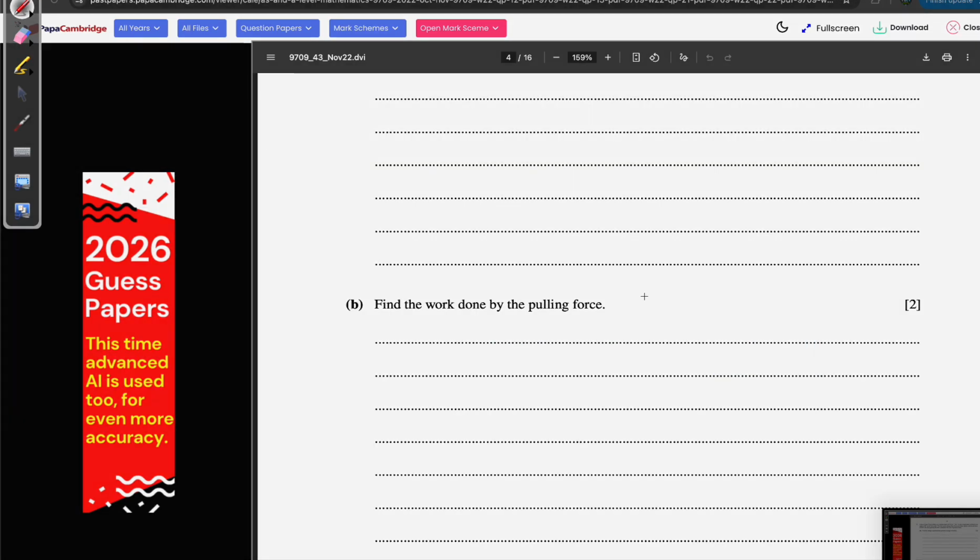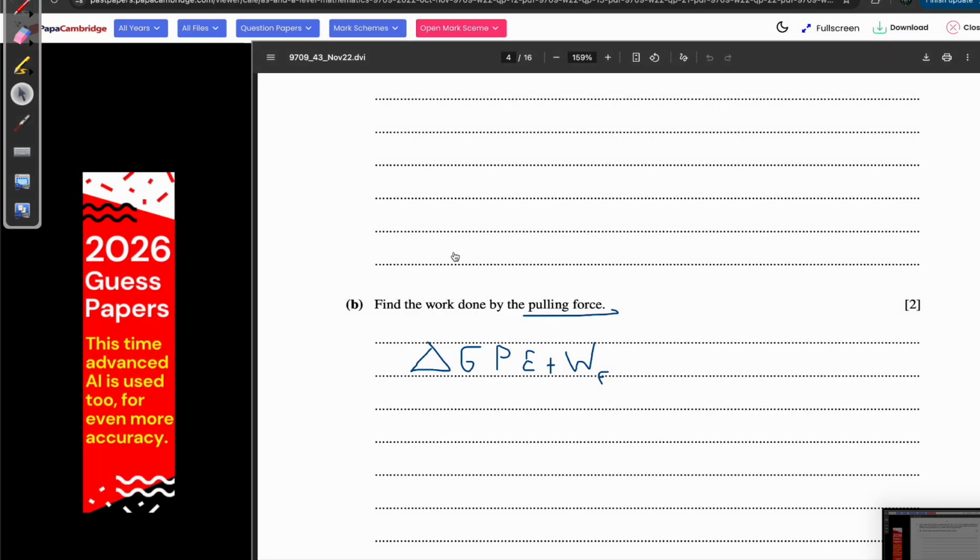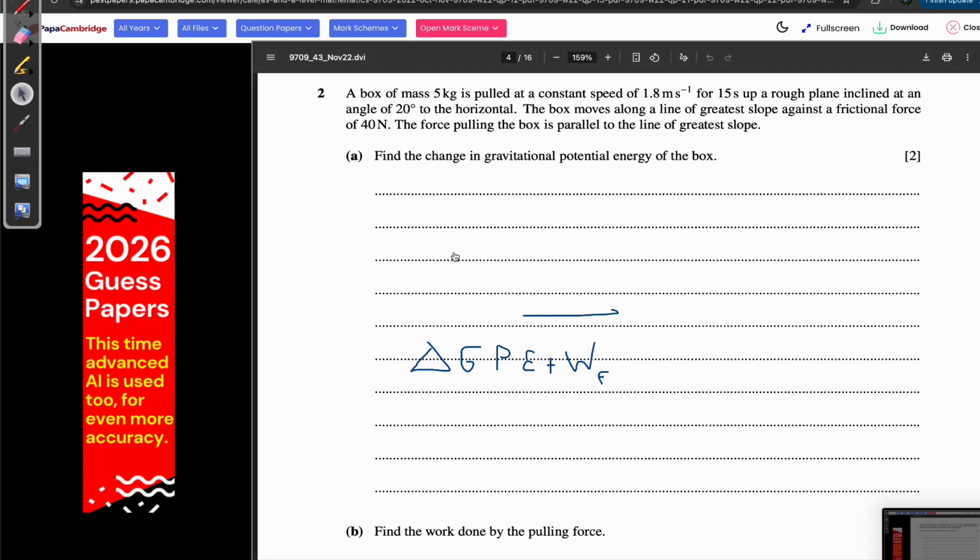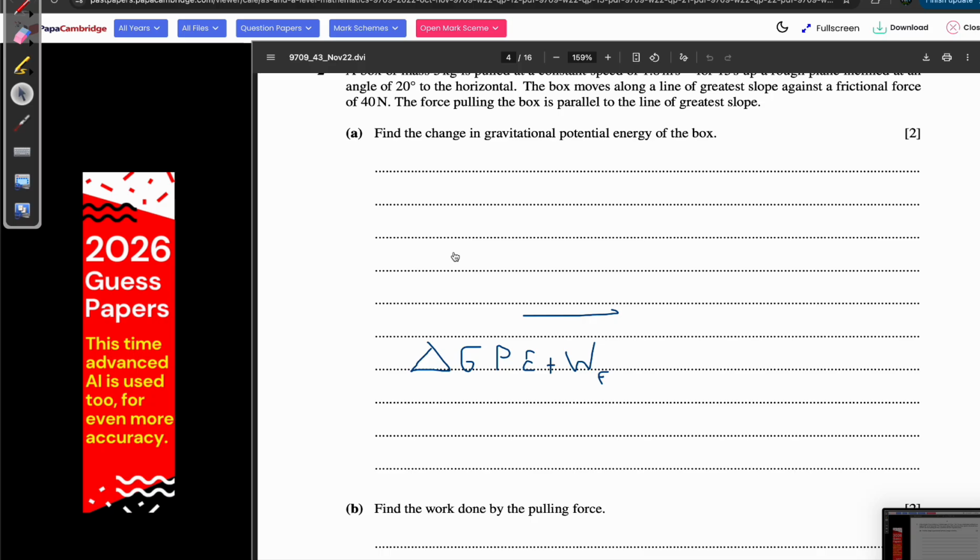To find the work done by the pulling force. So the work done by the pulling force in this case is change in gravitational potential energy plus the work done by friction, right? Work done by friction. So they said that the frictional force is 40, right?